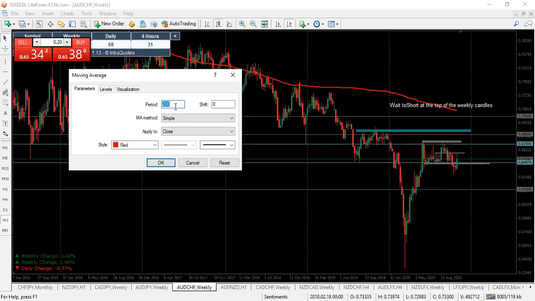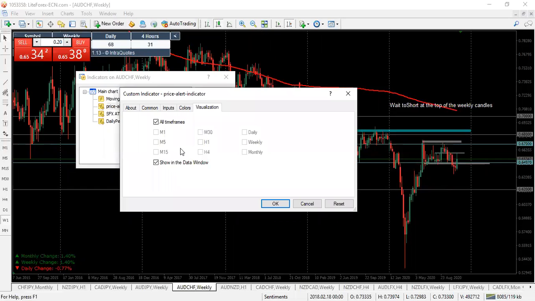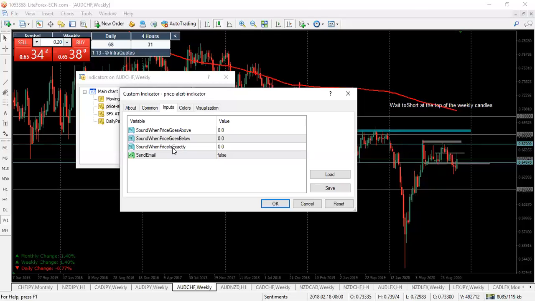The next indicator I use here is the price alert. With this I can set what level price must hit to send me a message in my mailbox, or pop up a notification telling me price has come to hit this zone.